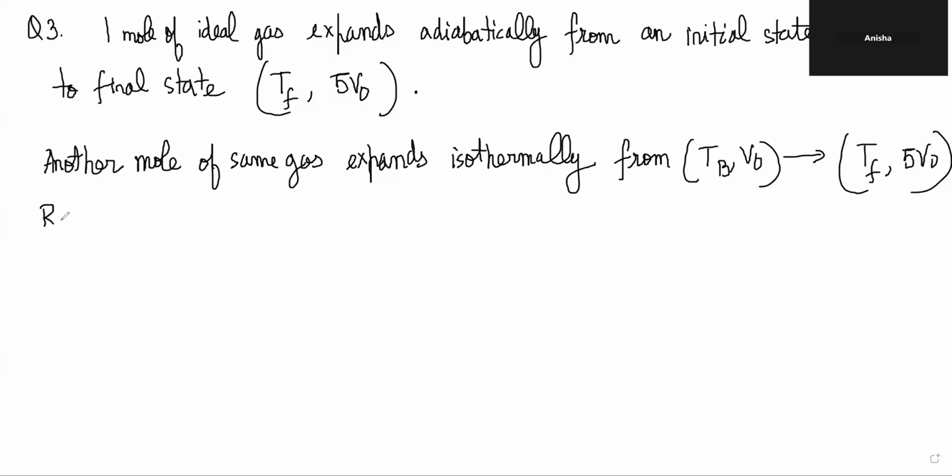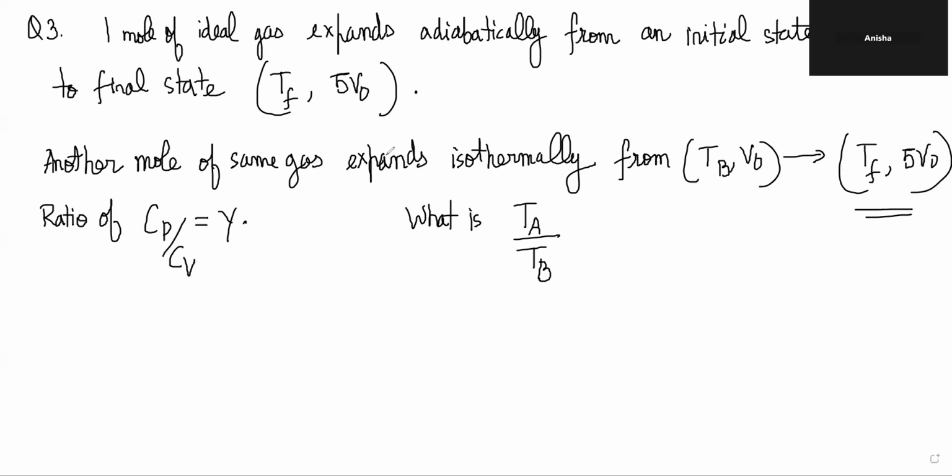Now, the ratio of Cp by Cv is gamma for this gas. What is Ta by Tb? Notice that this is the same final state, both of them. Same final state.